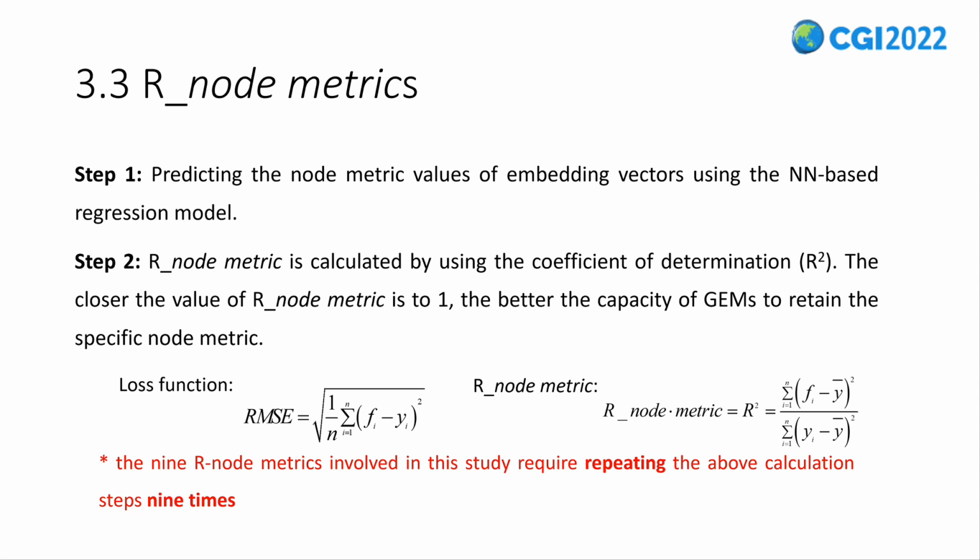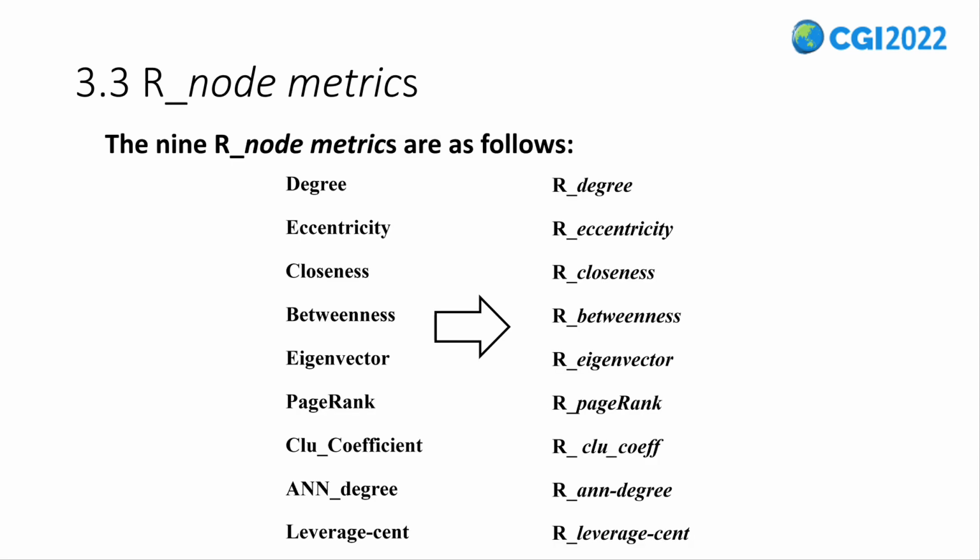Note that indicator R node metric only describes the retention capability of graph embedding models for 1 node metric. Therefore, the 9 R node metrics involved in this study require repeating the above steps 9 times. After training, 9 R node metrics are obtained, which can quantify the retention capability of graph embedding models, noted as R degree, R closeness, and so on.